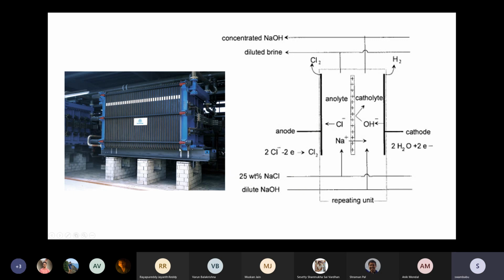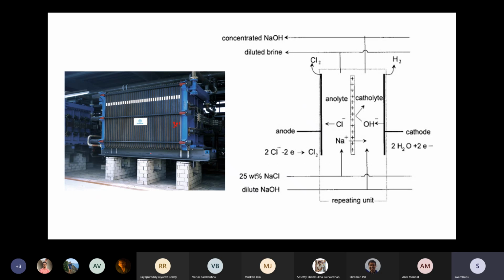Like you can see, this is one, and this is two. Many of them are stacked, and they are very small and thin to enhance the surface area, because the liquid surrounding the electrodes is reduced and oxidized. Many modules are joined together.